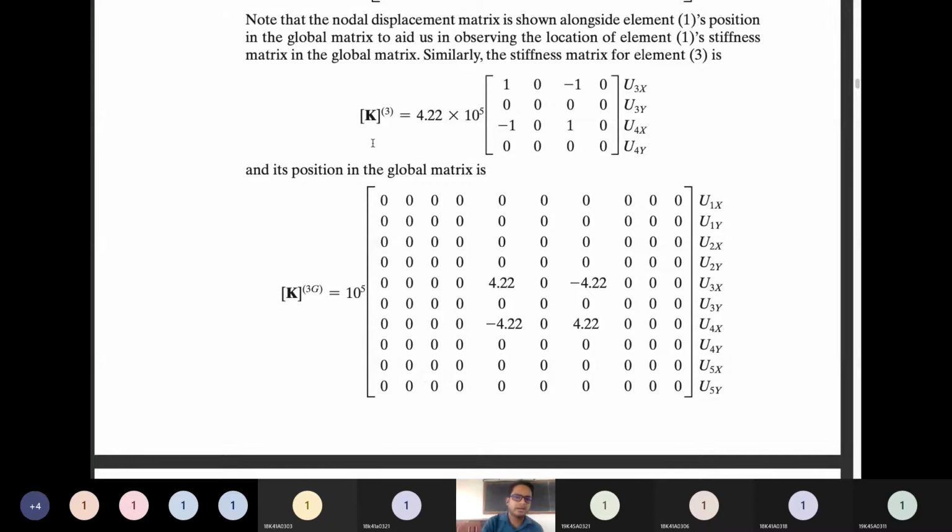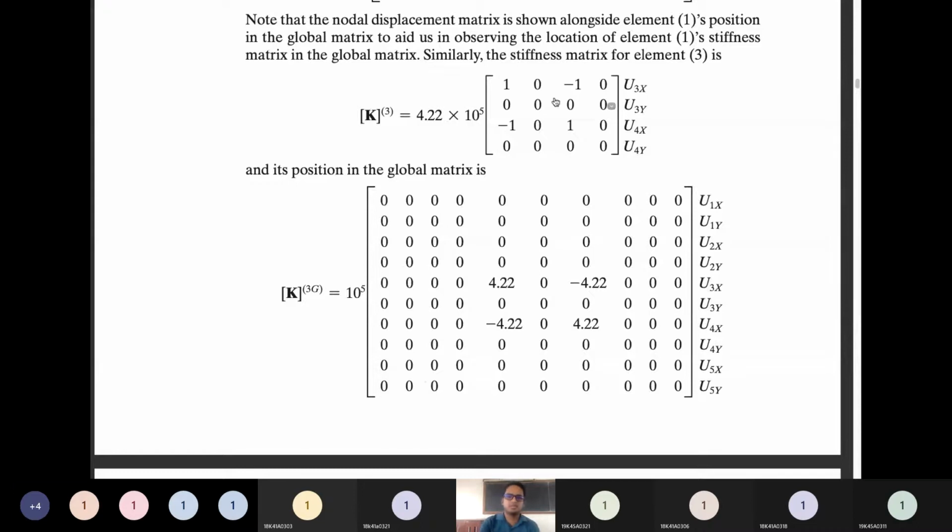Individually you can calculate for K1, K2, K3, K4 and K5, and you can directly write your global stiffness matrix with the method we have discussed in the previous chapter. So here you can see K3 is therefore U3X, U3Y, U4X, U4Y. So you can see here U3X, U3Y, U4X and U4Y.